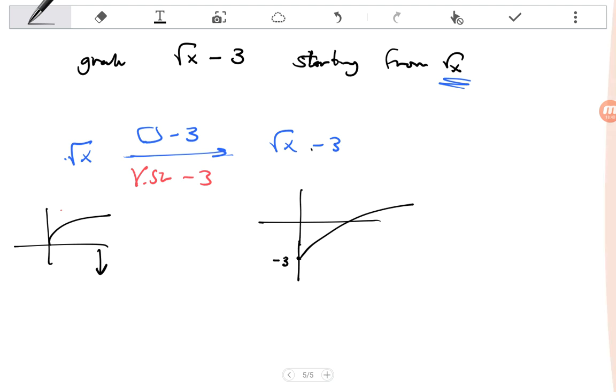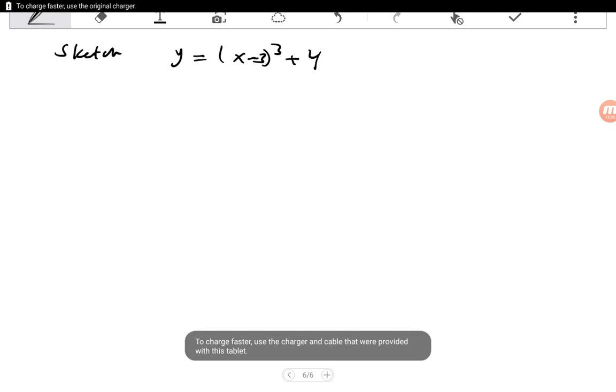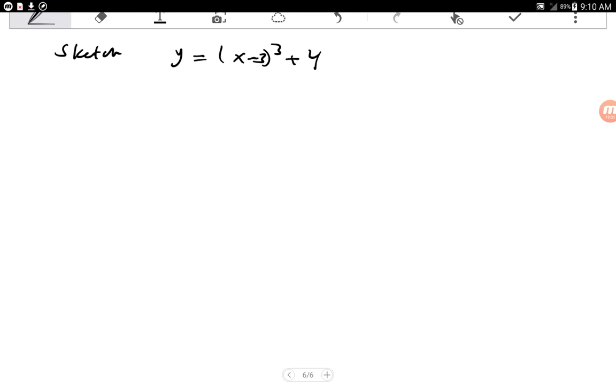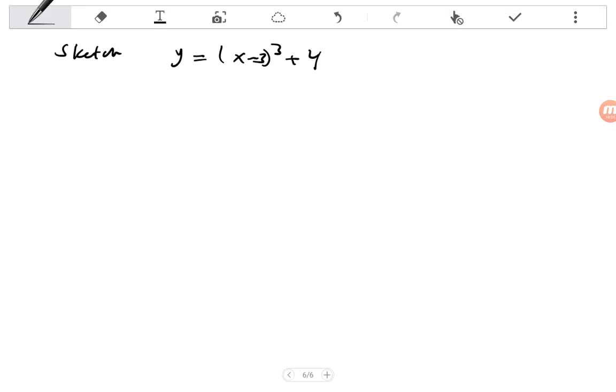Now if I ask you this problem, sketch y equals x minus 3 all cubed plus 4. Now this is a combination of two transformations. Let's start from x cubed. What transformations would I do to reach this function?